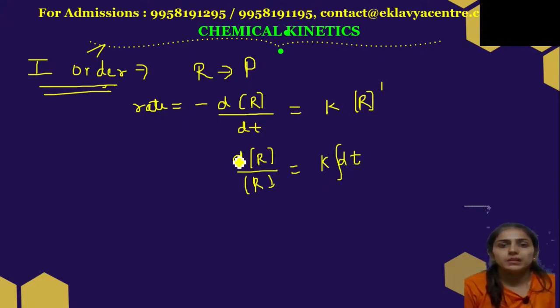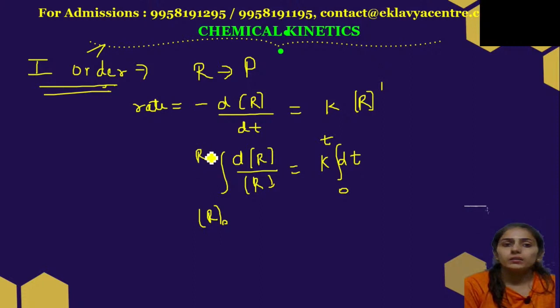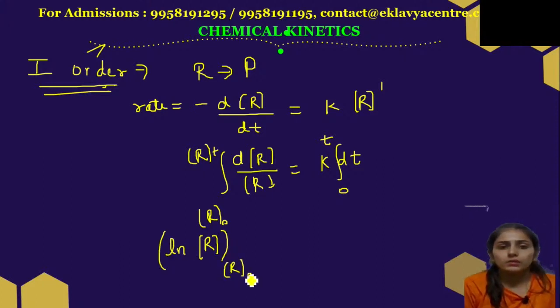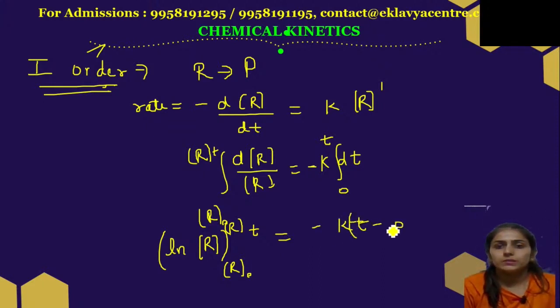Now if we simply integrate this equation from 0 to t, and R naught to Rt, you will get, what is the integration of 1 upon R dR? Its value is ln R, right? And from R naught to Rt, it will be minus Kt, with t from 0.